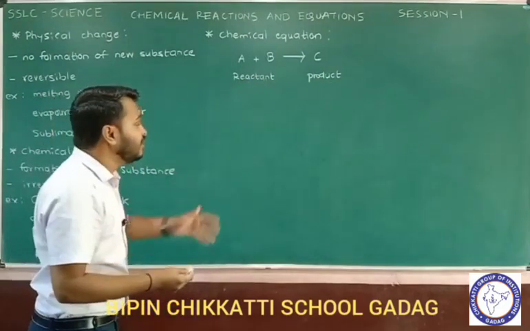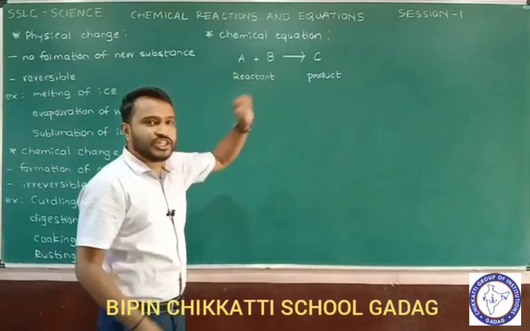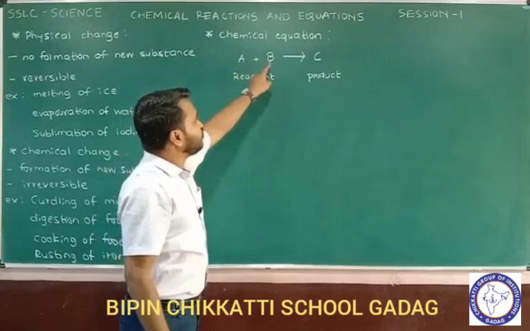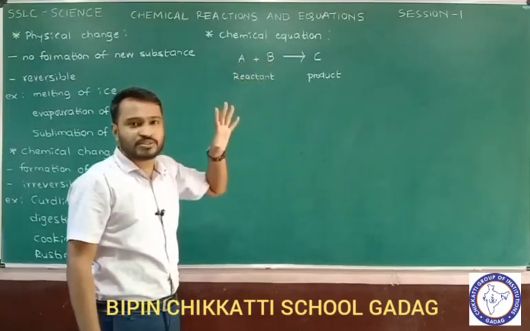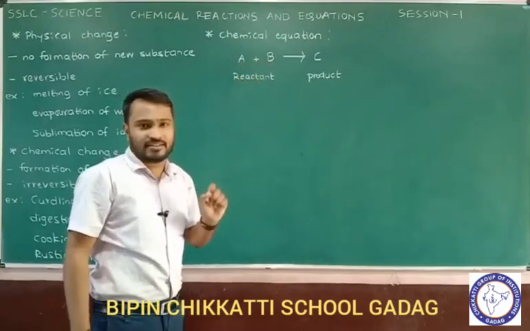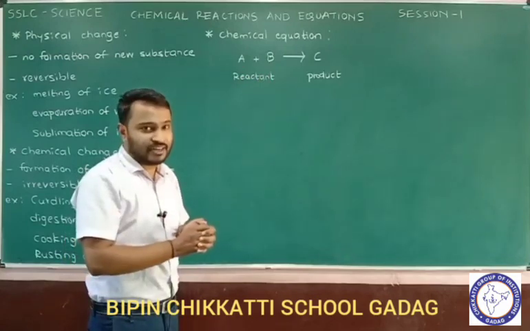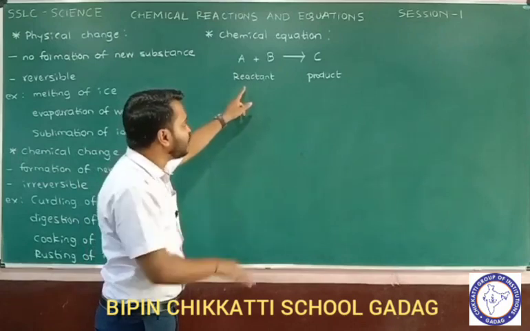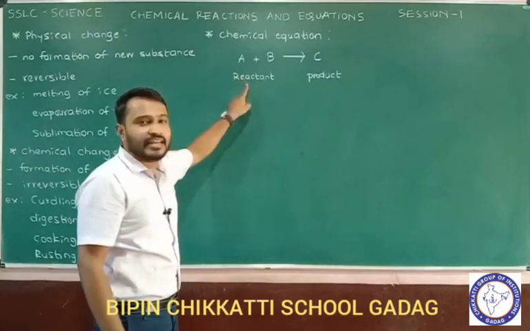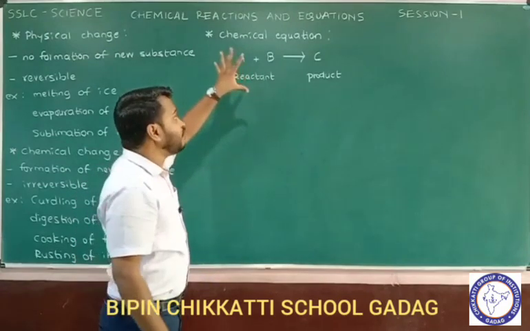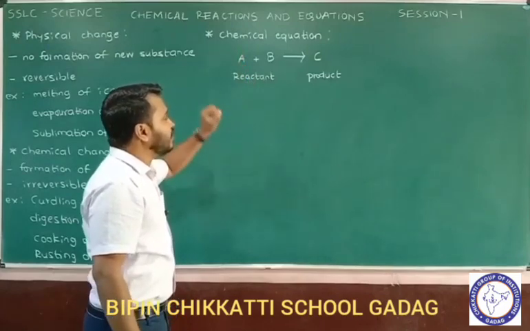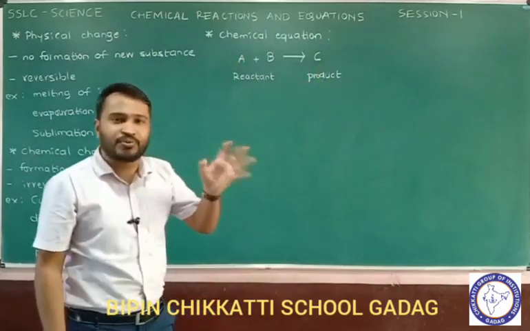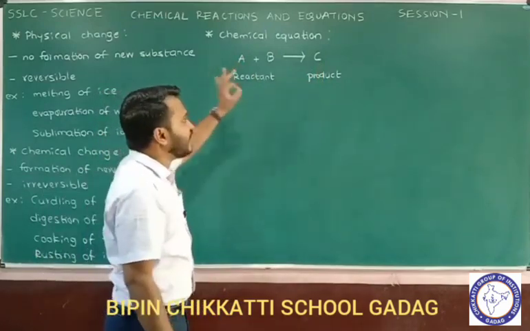I told you already, there is a chemical change involved. In case of chemical change, let us assume these two are the species or substances that have to react, that have to combine. The species which react or combine or unite, we call reactants. After combination or reacting, the new product we get in the reaction, we call the product. That is the actual meaning of reactant and product.